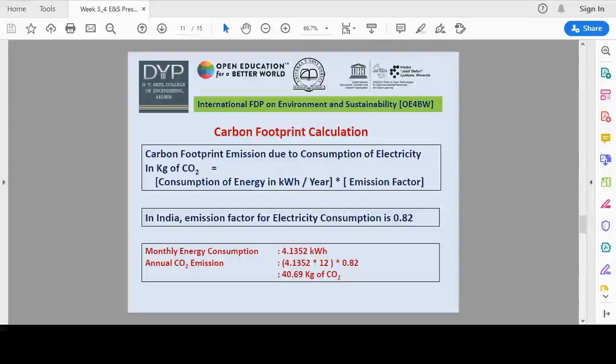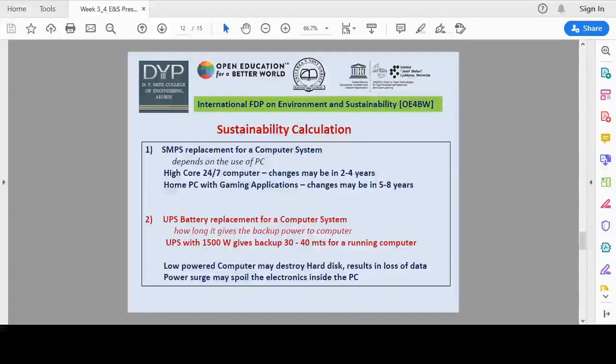Monthly energy consumption is 4.1352 kilowatt hours. So the annual carbon dioxide emission from this lab is calculated to be 40.69 kg of carbon dioxide. This value is an average value. It may be calculated for other laboratories available in the educational institution.